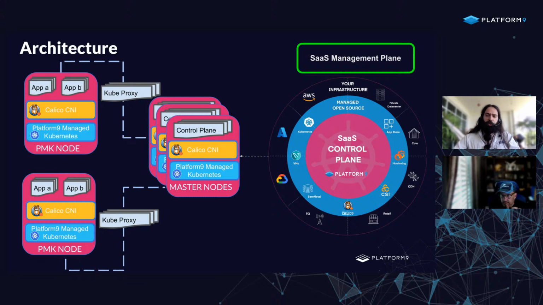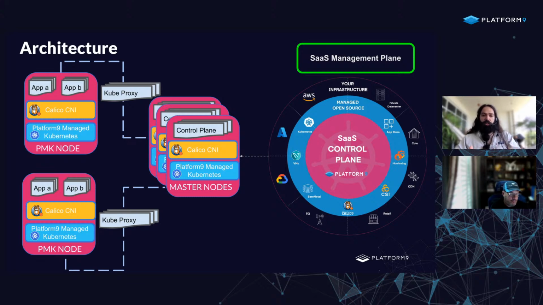Thank you, Peter. So right now, what you're looking at is a 10-foot architecture diagram of how Platform9 managed Kubernetes is laid out. On your right-hand side, you're going to see our control plane in the shape of software as a service, and the different components that this software as a service interacts with.